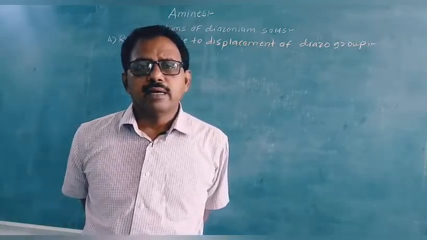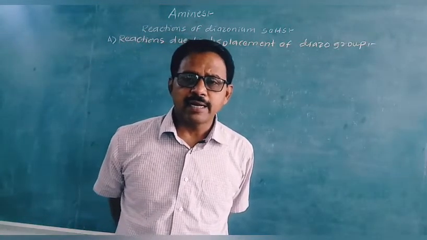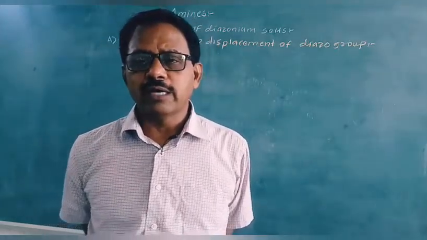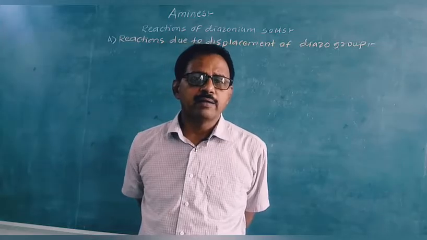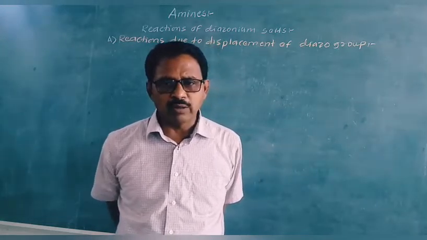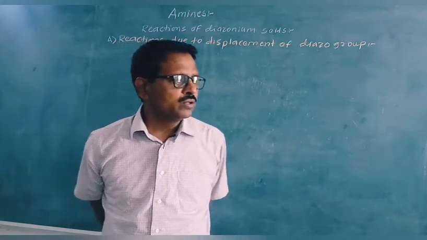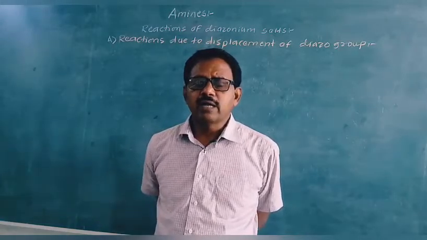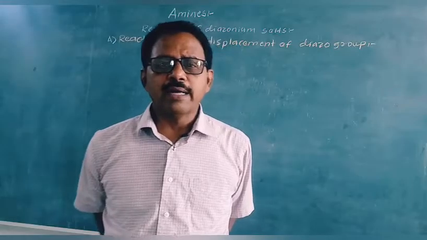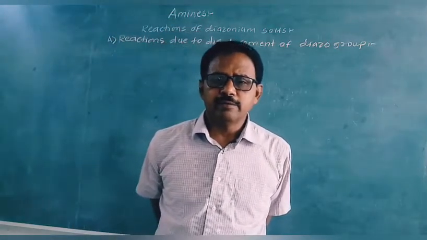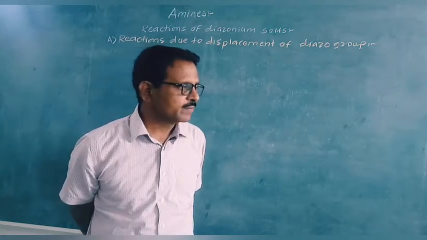Then the acylation reaction, in which hydrogen atoms attached to the nitrogen of amines are replaced by an acyl group. For that purpose we have done the acylation using acetyl chloride, acetic anhydride, and benzyl chloride.